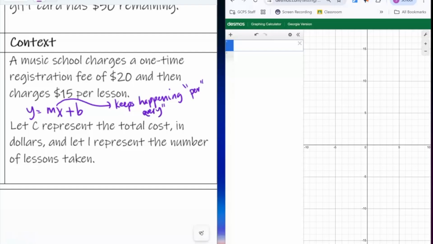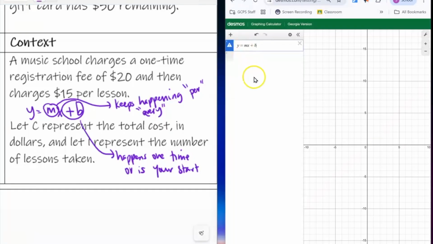Okay, you're looking for those kinds of keywords, per and every. And then you've got your B, which happens one time or is your start. Okay, so that's how you identify what's what. So you've got y equals mx plus b. I'm just going to go ahead and type that in so I'm ready.